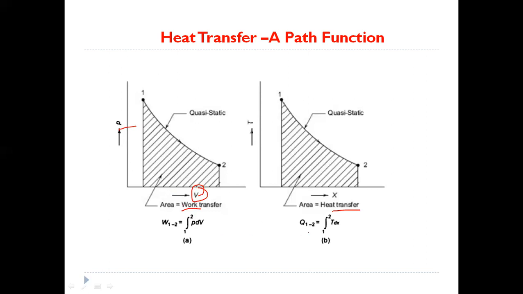Similarly, the heat transfer Q can be found by integrating the y-axis term, which here is T, with the elemental x-axis term, dS. So work transfer is given by the integral of P dV, whereas heat transfer is given by the integral of T dS.